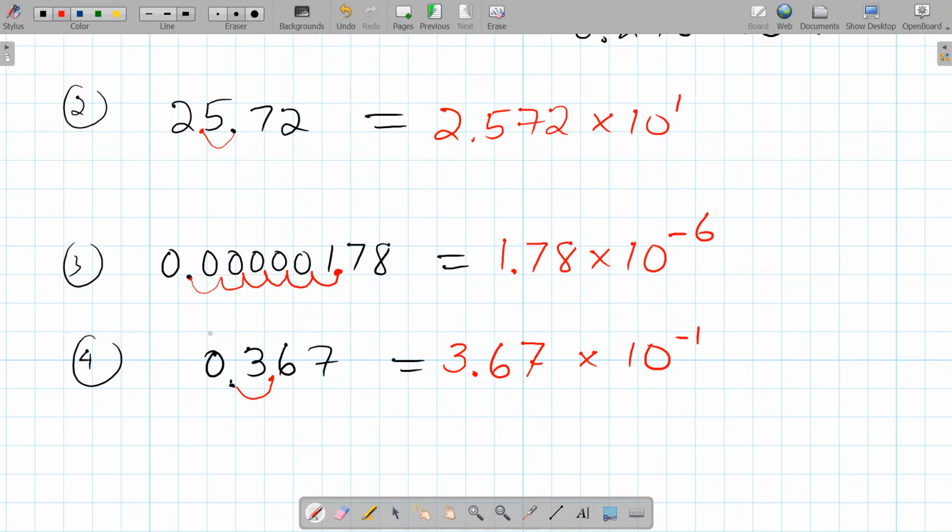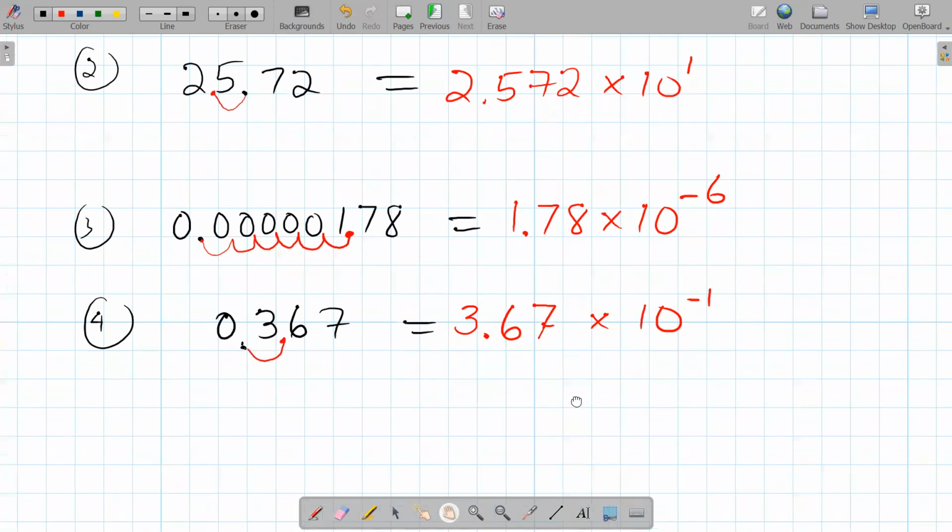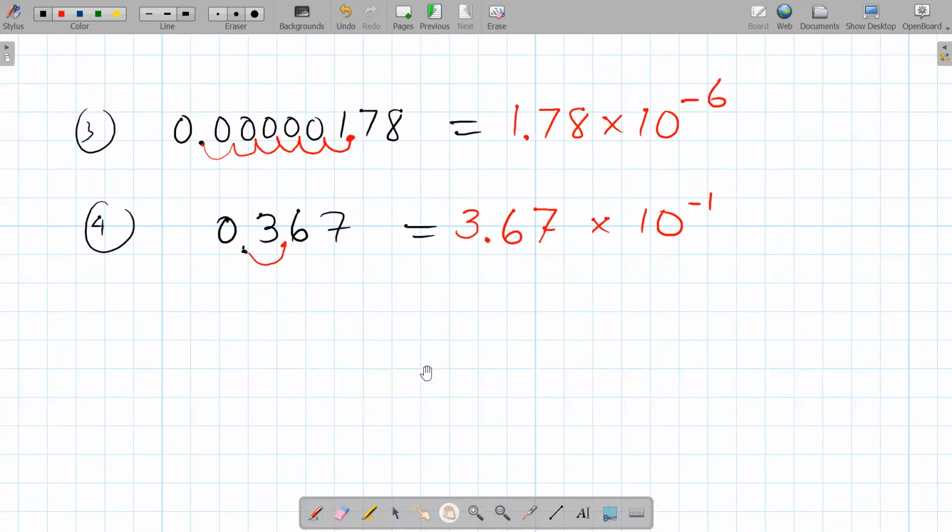All right, so this is what scientific notation is all about. But now that we know how to use the exponent rules, there are cases where we need to evaluate some of these scientific notations by employing the rules of the exponents. So let's do some of these examples.